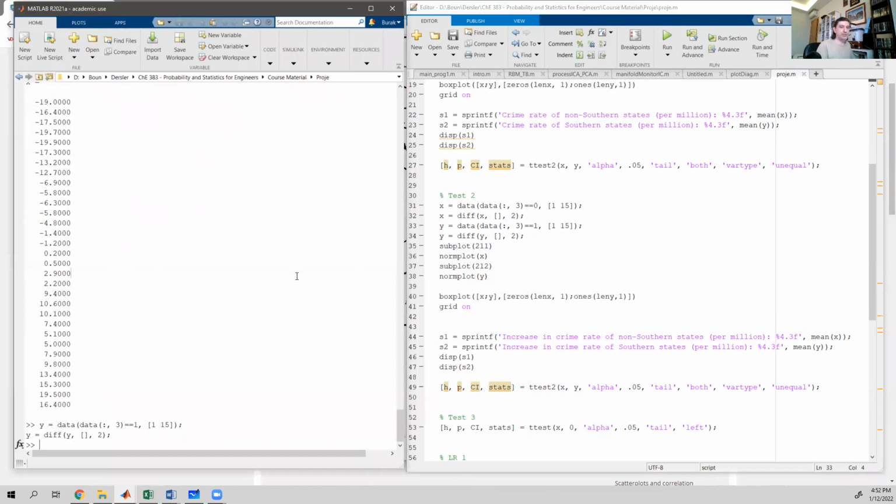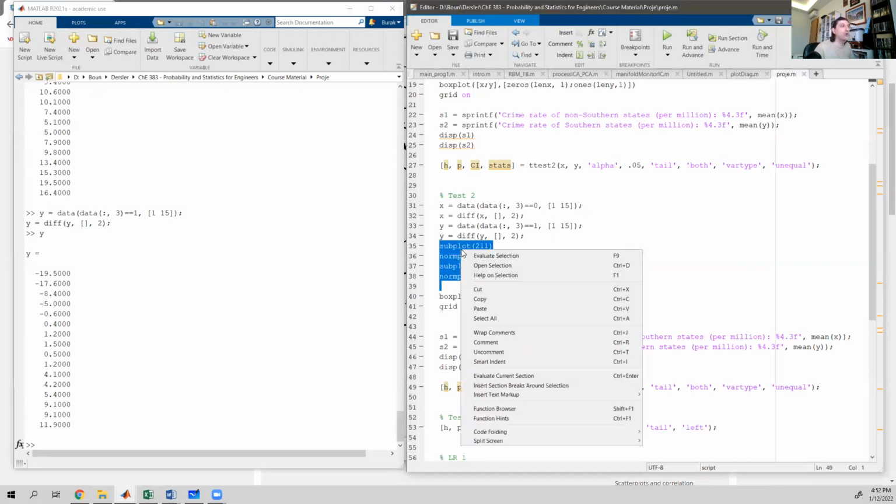And now I see Southern states, I have these. Now note that if there were no change within 10 years, both would have given 0. And what I'm comparing is, I repeat again, the change in those crime rates. Now, since I'm going to be comparing those two, I need to make sure again whether they are normal or not.